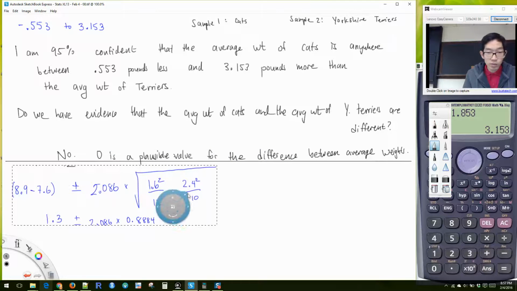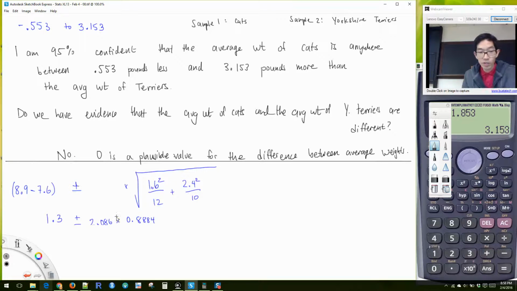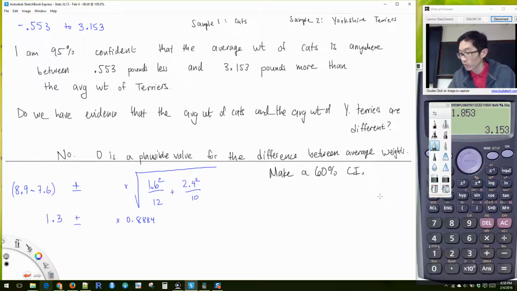What if this was the work that we had before, but I used not 95%, but 60%, creating a 60% confidence interval? People rarely make 60% confidence intervals, but let's say we did. Everything else stays exactly the same.